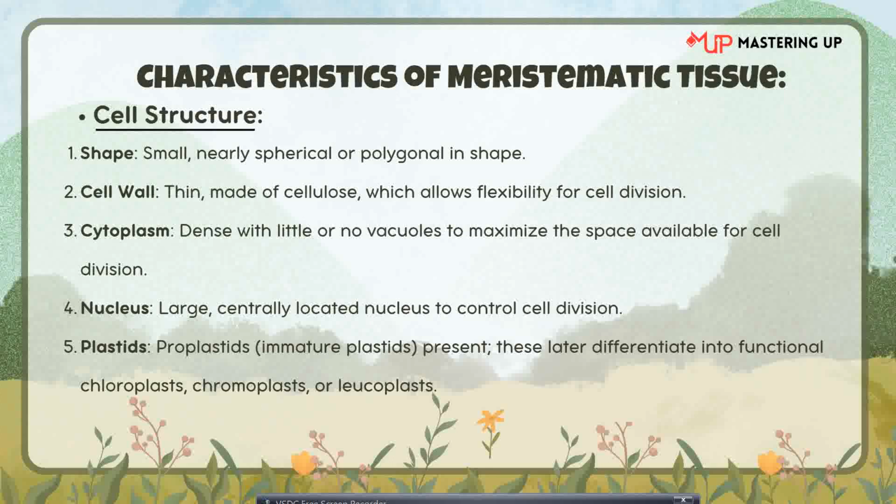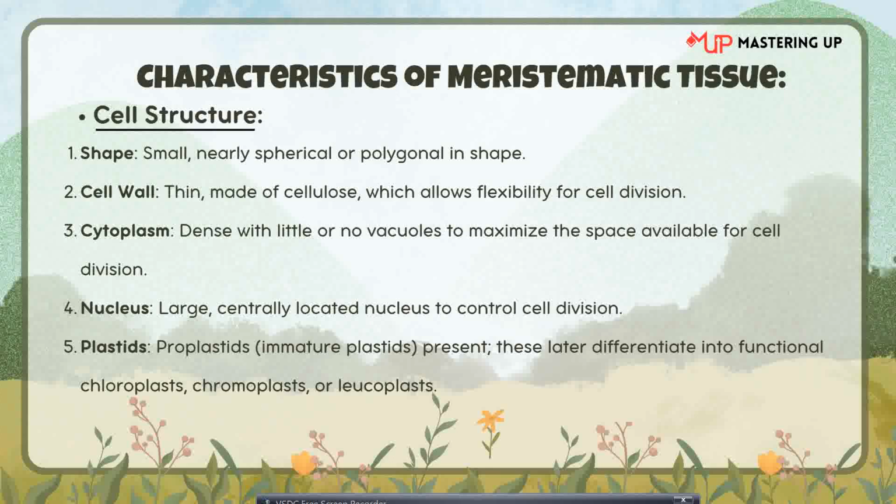The cell wall is thin and made up of cellulose, which allows the flexibility for cell division. And the cytoplasm is dense with little or no vacuoles.